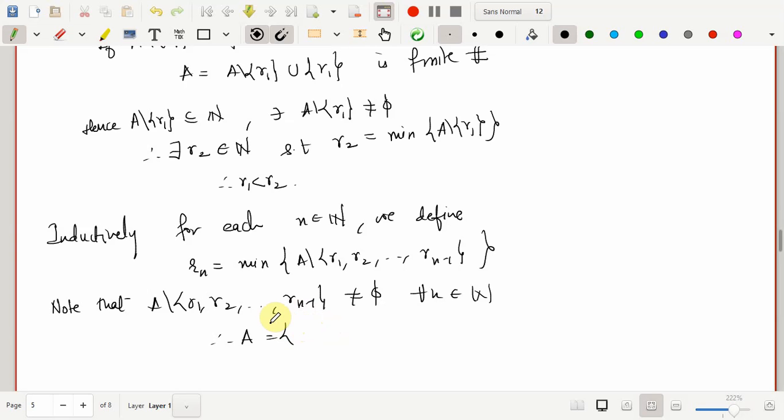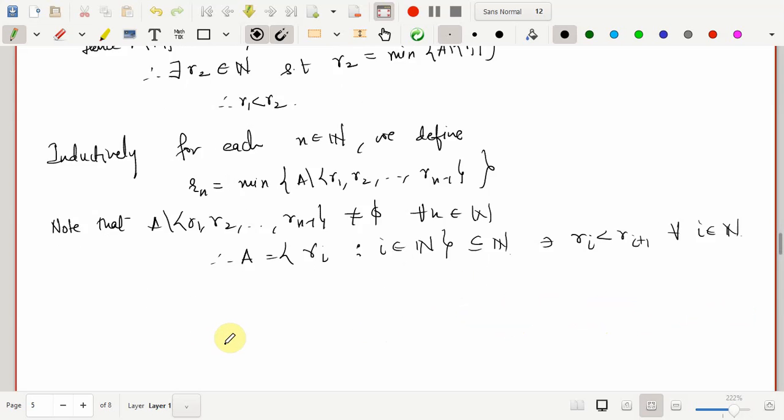Since it keeps on moving like this, even after removing so many elements, A remains non-empty. So I can claim that A is nothing but the set of such Ri, where i is varying over the natural numbers n, with the property that Ri is strictly less than Ri plus 1 for each i in N.